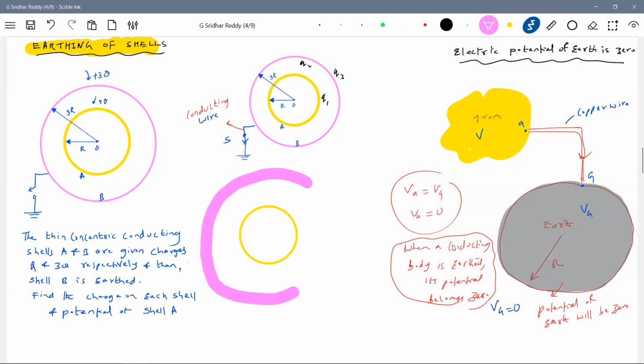It's in fact thin. All the shells are thin, but to make you understand, I'm making a tick here. This is R. This is 3R. Now I'll ask you to assume a Gaussian surface in the material of shell B.